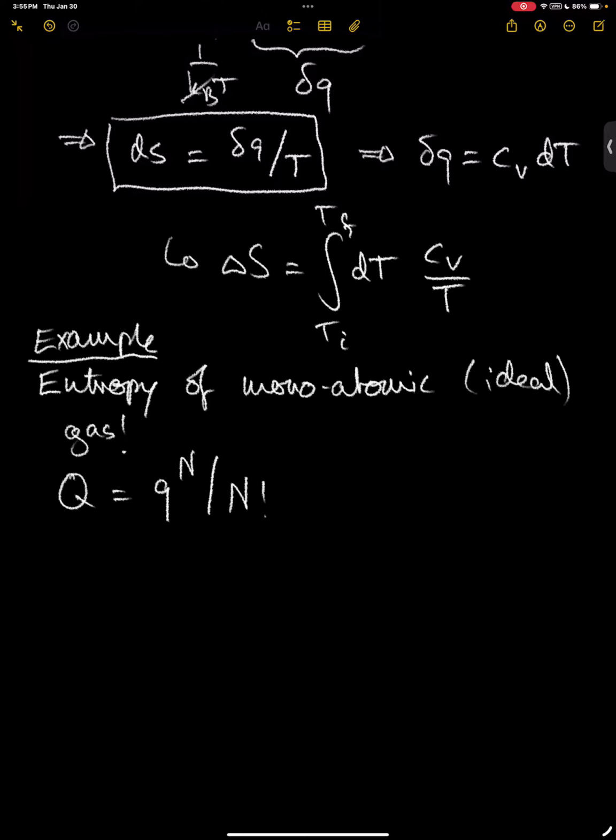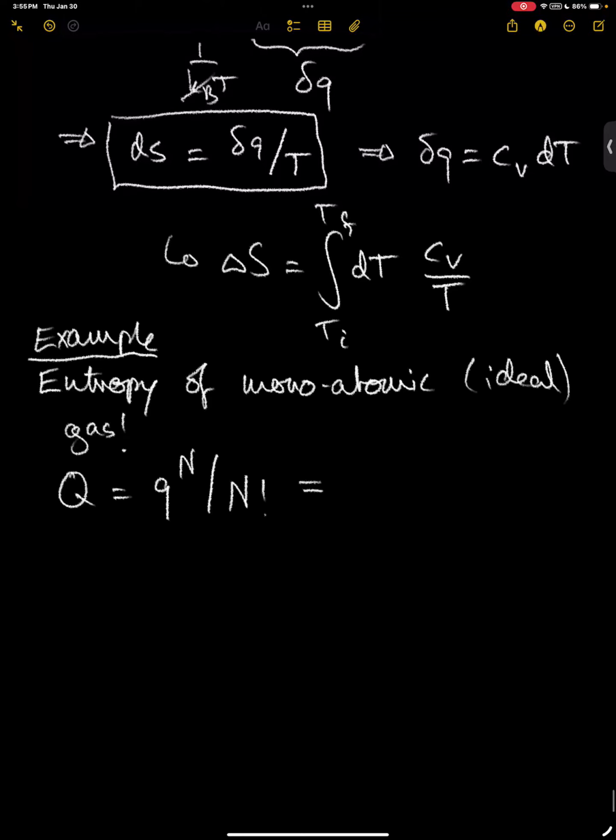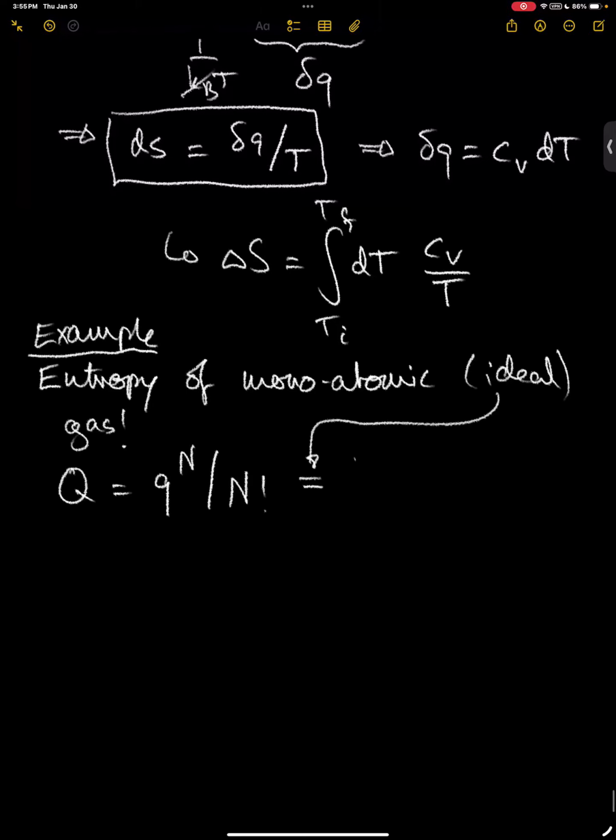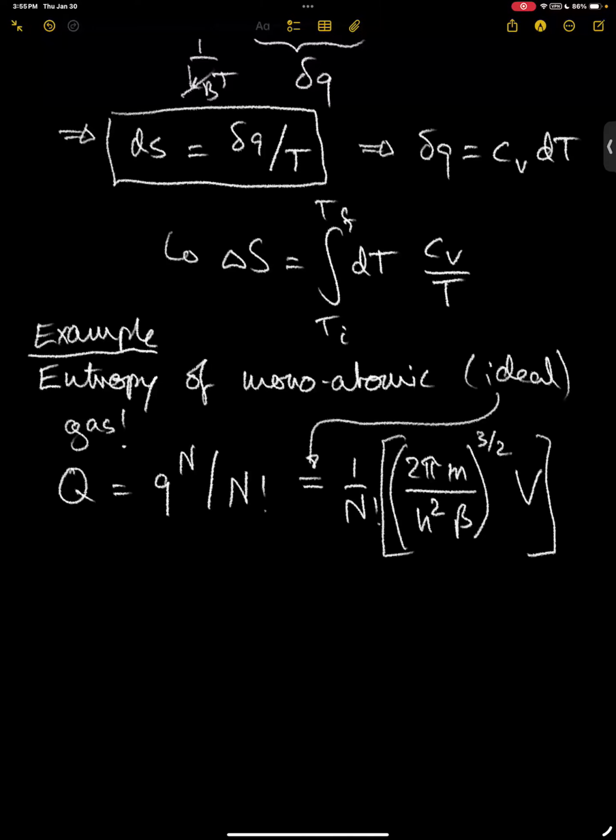And this is the ideal partition function then that tells us (2 pi m over Planck's constant squared beta) raised to the 3/2 times volume, and to the power of n.